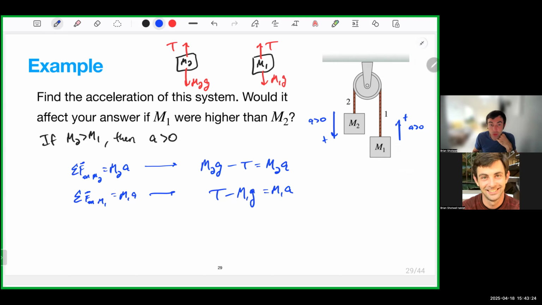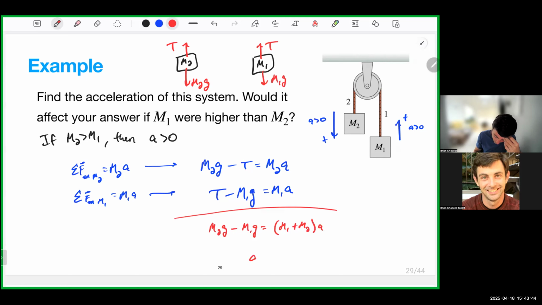So again, we have two equations for two unknowns. We don't know the tension T, and we don't know the acceleration of the system A. But again, we're going to solve by elimination. So if we add up the top equation and the bottom equation, the minus T cancels with the T, and we get M2G minus M1G is equal to M1A plus M2A.